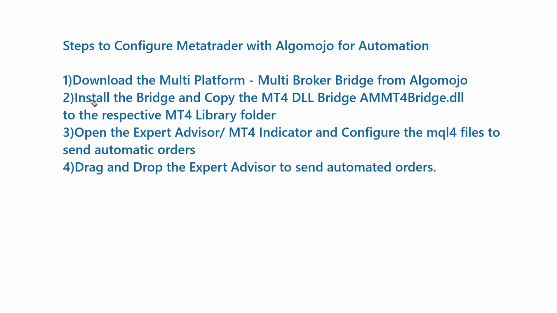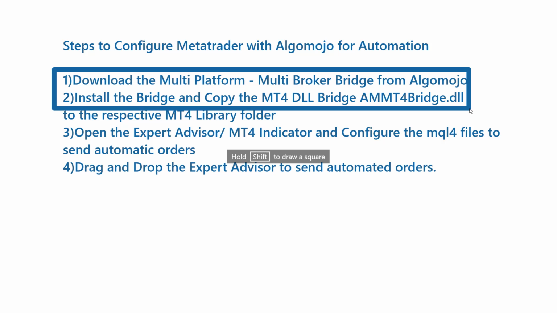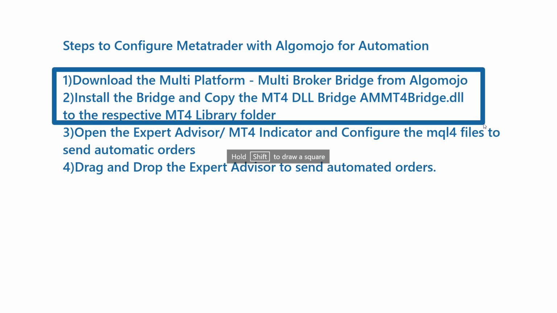Then you have to install the bridge and copy the MT4 bridge.dll to the respective MT4 library folder. That's what I'm going to show you right now, the steps 1 and 2, so that you can download and install it in the respective MT4 folder.